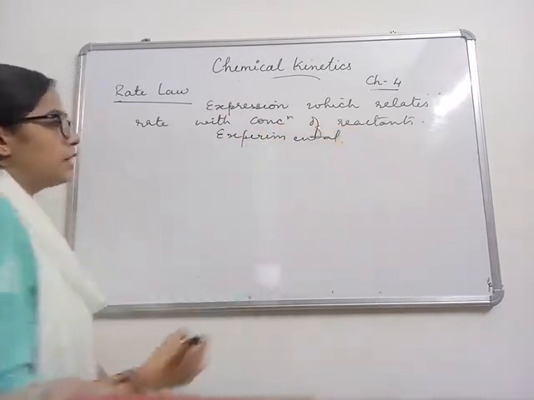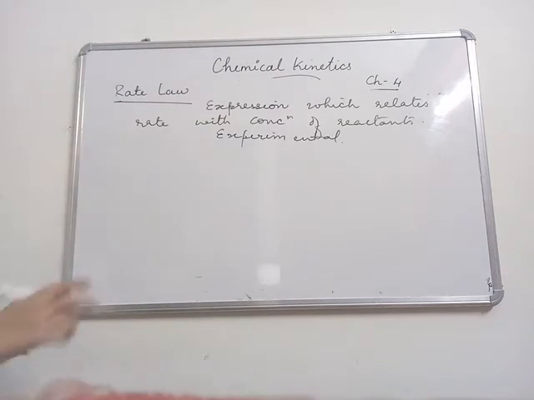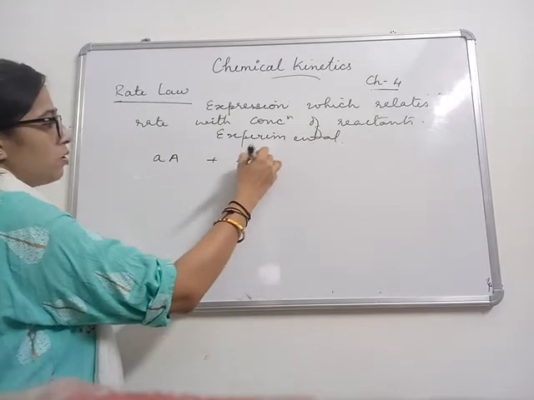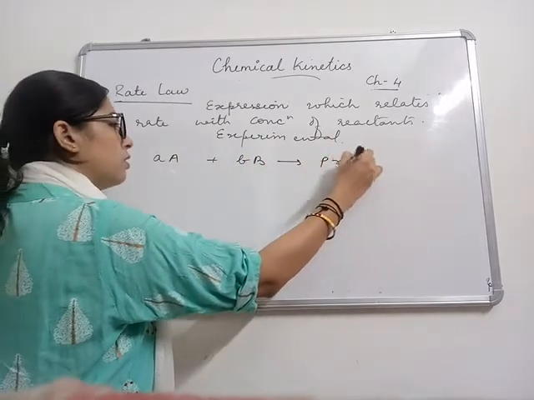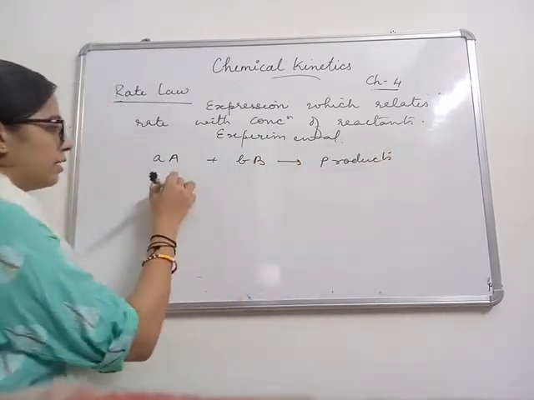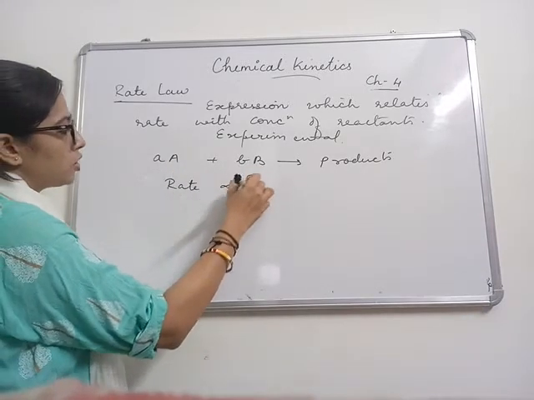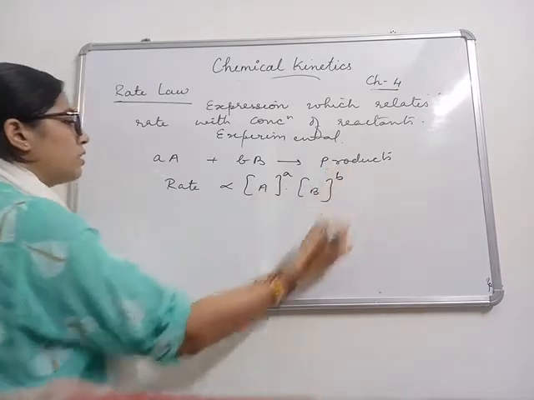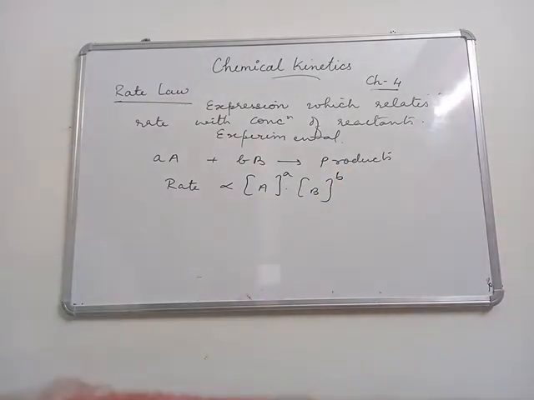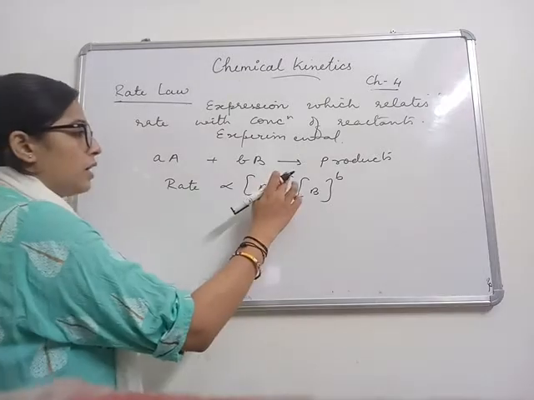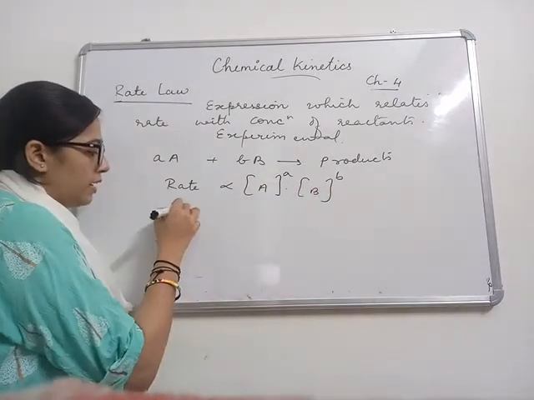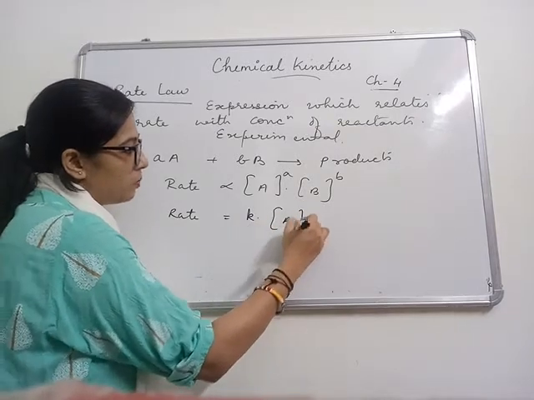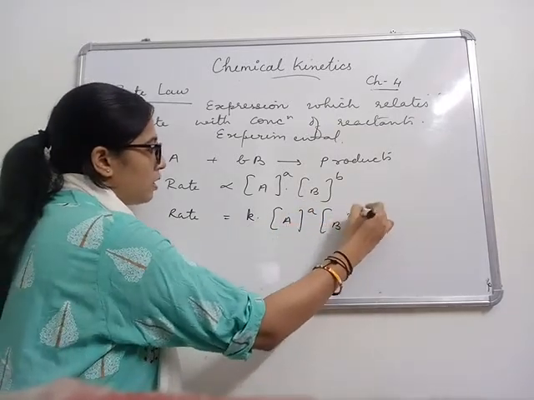It is an experimentally determined expression, and if you have a general reaction in which a moles of A react with b moles of B to give products, it states that the rate is directly proportional to the concentration of the reactants, where each reactant term is raised to a power. You can write rate is equal to a constant k into [A] to the power a into [B] to the power b.